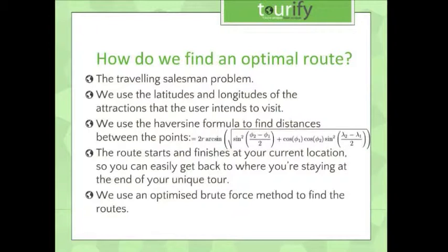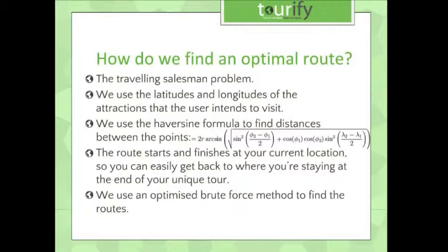But we realised that we've got a cap on how many things that someone can see in a day. So for this, the best method was brute force, however, if we had more things, we could use something along the lines of Dijkstra's algorithm.